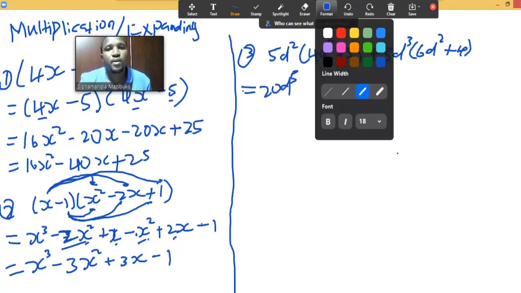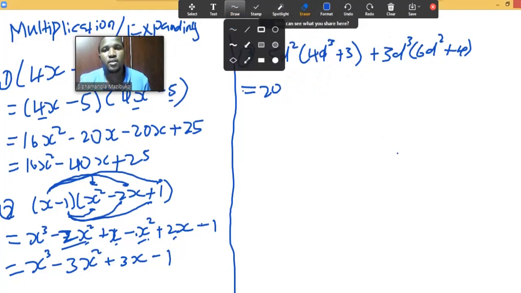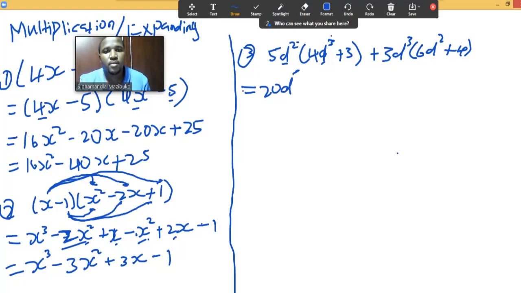Remember, when the bases are the same, we just add the exponents. Always remember that. So the bases here are d and d, so we just add the exponents, which are 2 and 3. So we keep d the same and we're getting 5, right?